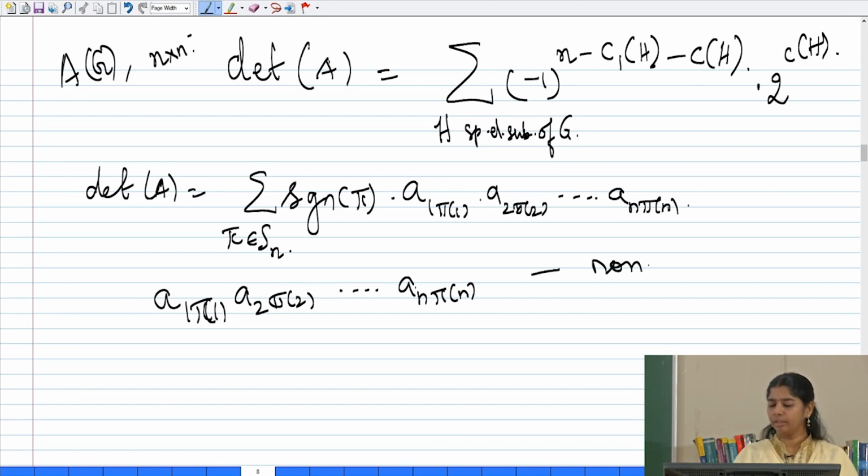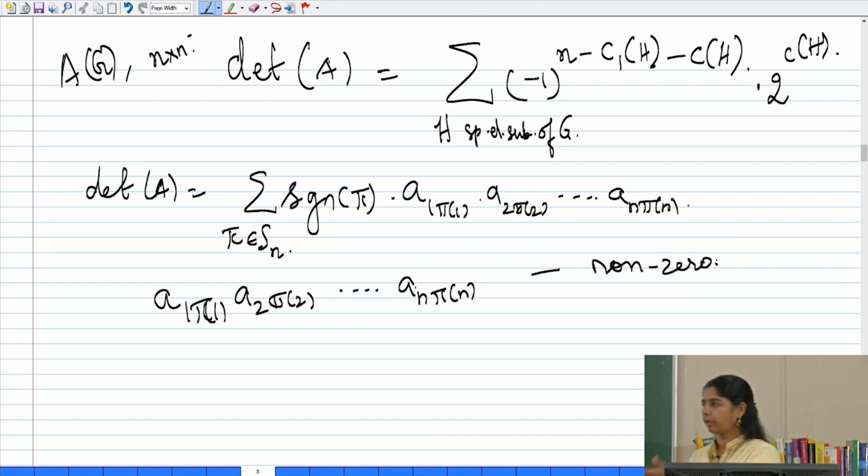If my matrix has determinant non-zero, that means there is at least one term which should give that non-zero value. Not all terms could become 0 simultaneously. So, what does this mean? This is nothing but a product of n elements of the matrix. In an adjacency matrix, everything is 0 or 1. So, a1 pi 1 should be 1. All these terms should be just 1, only then you will get a non-zero term.